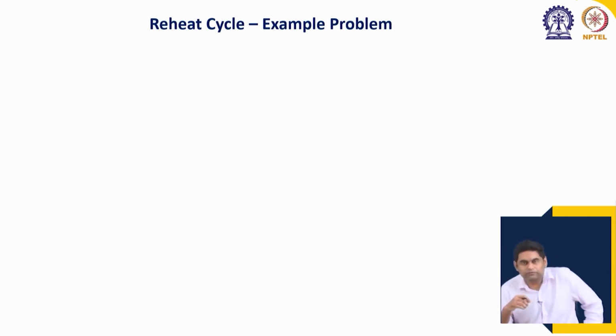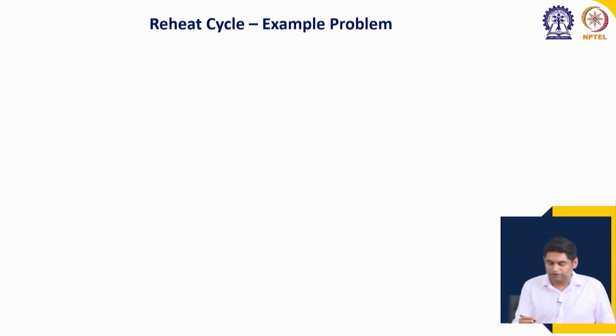To a second problem, based on the same framework or same problem setup, but now for a reheat cycle. So, now in this case we have a standard reheat cycle. Let us say that this is the TS diagram.